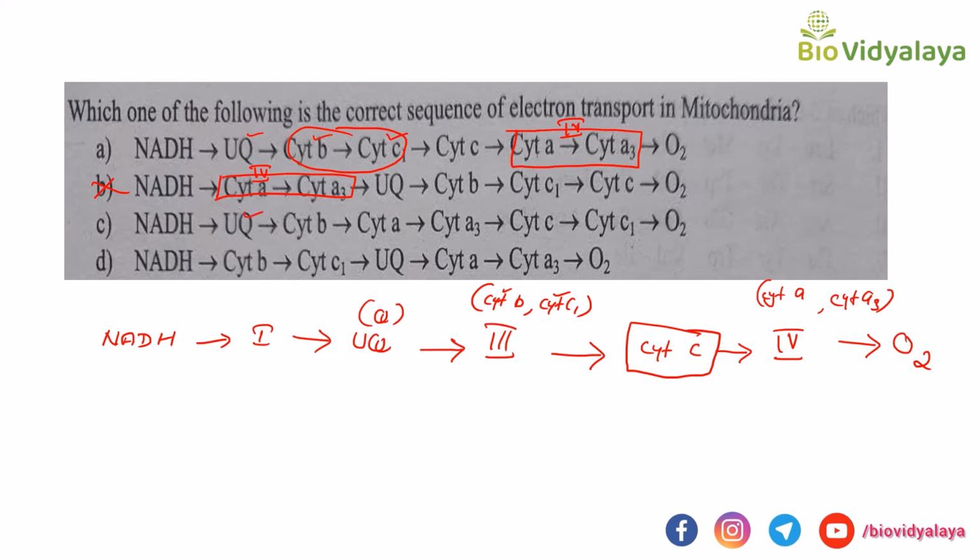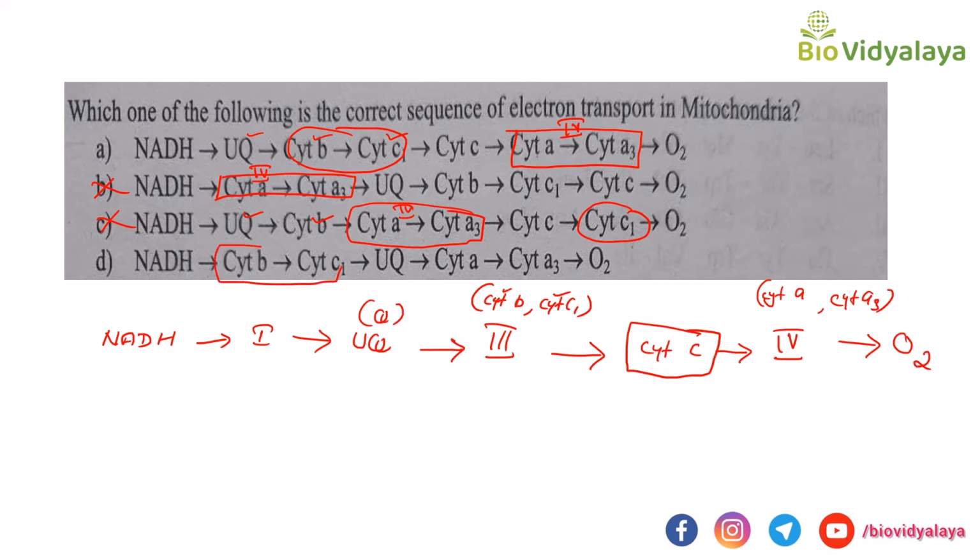Then cytochrome B, cytochrome A, cytochrome B, then cytochrome C1, but it is not correct. This one is complex 4, isn't it? So this is also not correct. They given cytochrome C1 here only. See. Next is option D, NADH, cytochrome B.